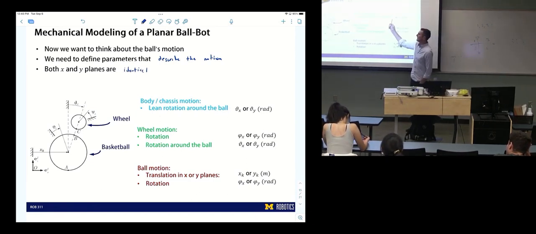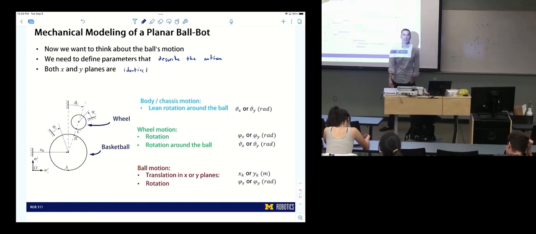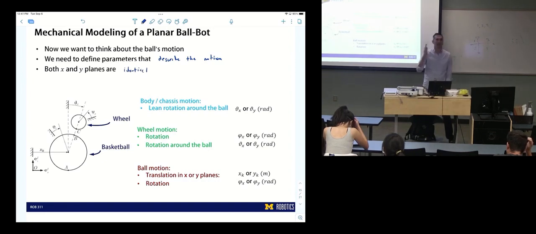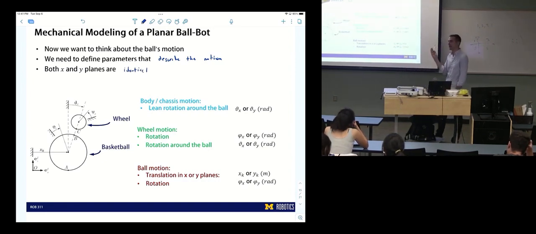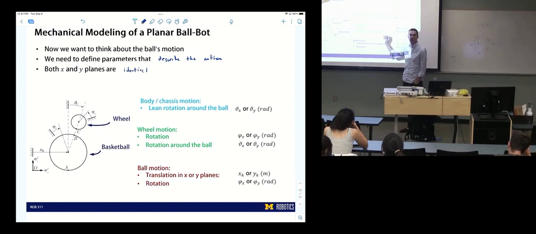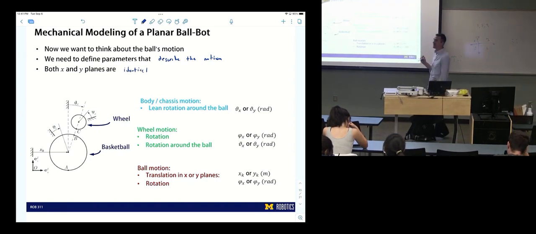Body and chassis motion is defined by a lean angle, which we call theta. That's the lean of the body and the chassis around the ballbot. We also have motion of the wheel. The wheel is rotating, and its motion is phi. That's where phi came up in our previous analyses.